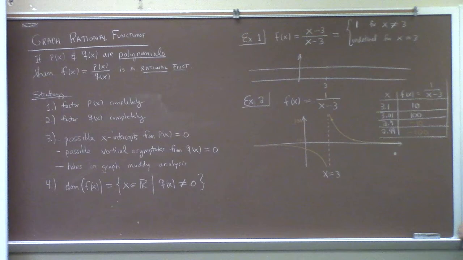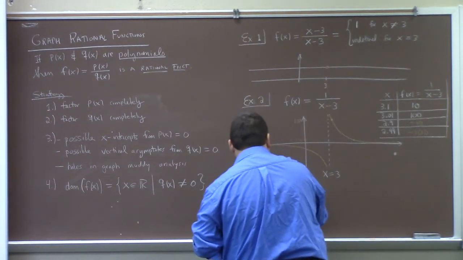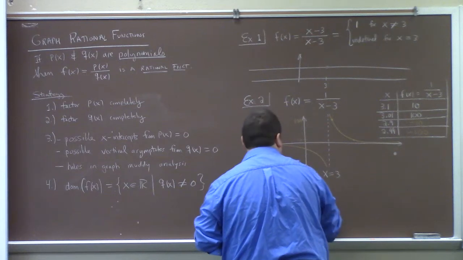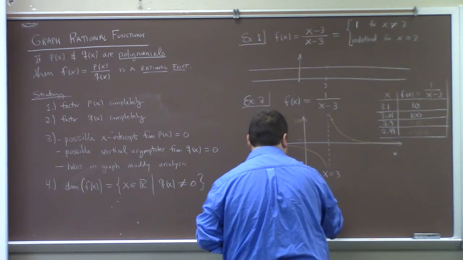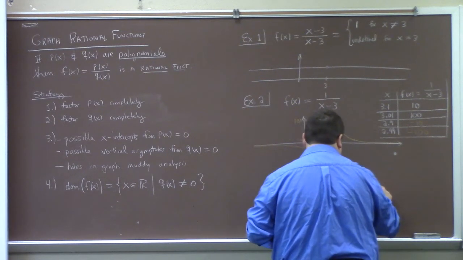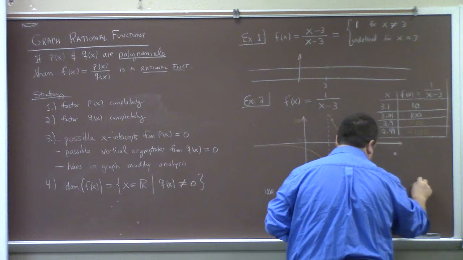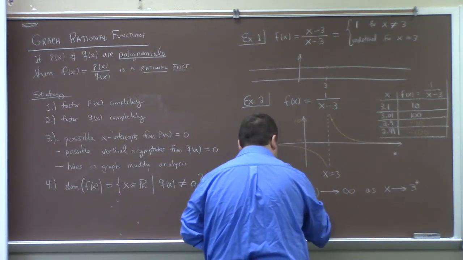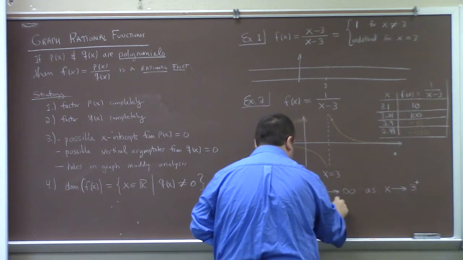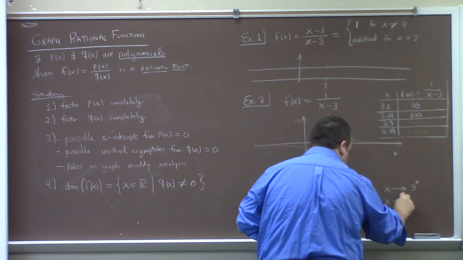So in this sort of situation, we say f of x goes to infinity as x goes to 3 from the right, right? And we say f of x goes to minus infinity as x goes to 3 from the left.